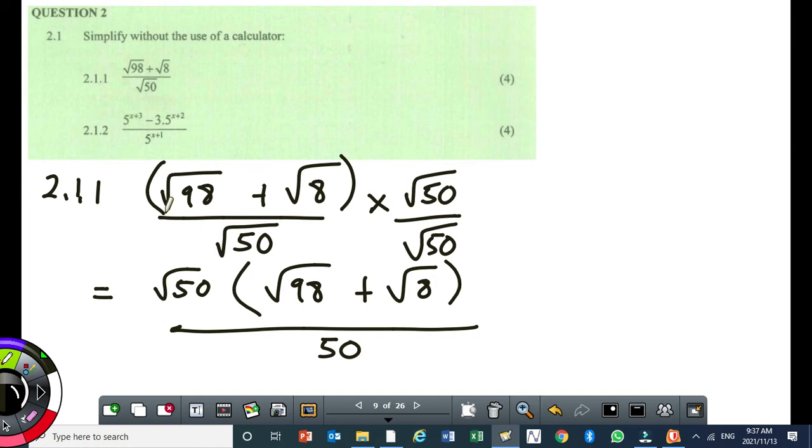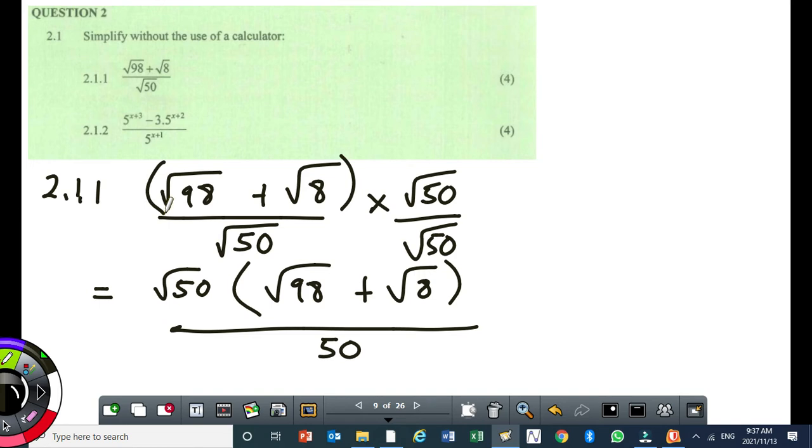Then the next thing now, we need to simplify all those irrational numbers. The best way of doing that is to write them as products of a perfect square and a prime number. Your perfect squares start with 4, that's the smallest. Look at 9, 16, 25, 36, 49, 64, 81, 100, 121, 144, 169, and so on.